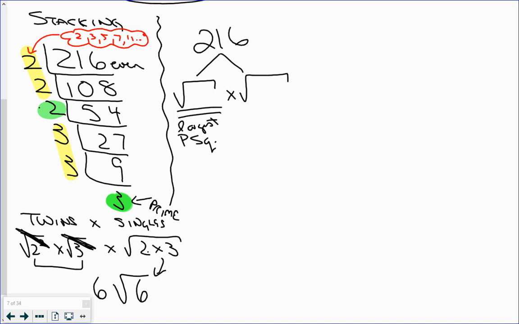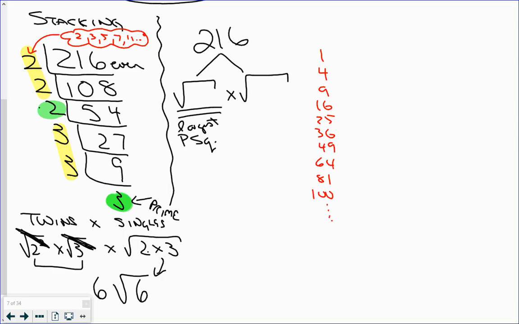So if you can count on your fingers, you can find the perfect squares. So in your brain, you're going to say 1, 2, 3, 4, 5. But on your page, you're going to think 1 squared, 2 squared, 3 squared, 4 squared, 5 squared, 6 squared, 7 squared, 8 squared, 9 squared, 10 squared.